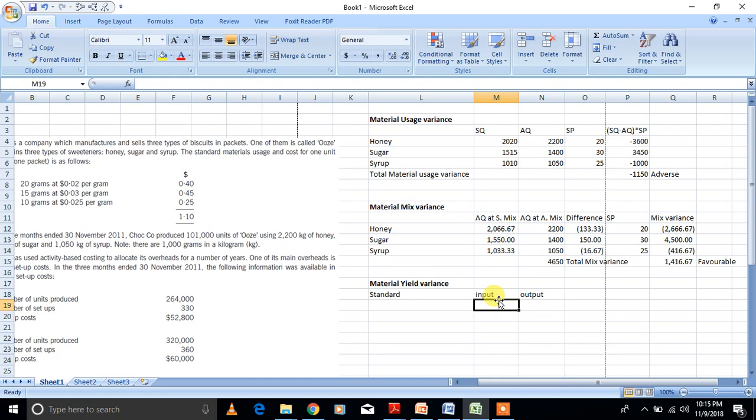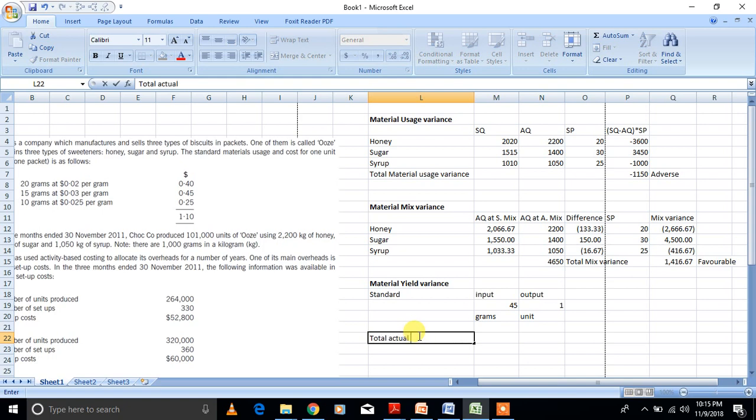If you give 20 plus 15 plus 10, 45 grams of input, you will get how many units of output, the standard materials usage and cost for 1 unit or 1 packet. So this will give you 1 unit or 1 packet.